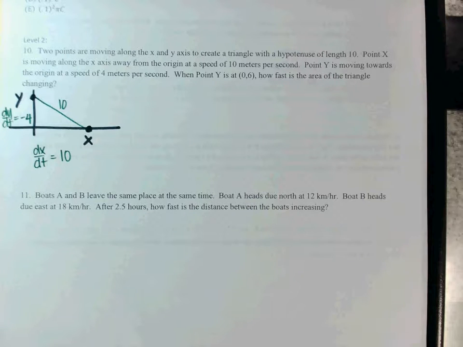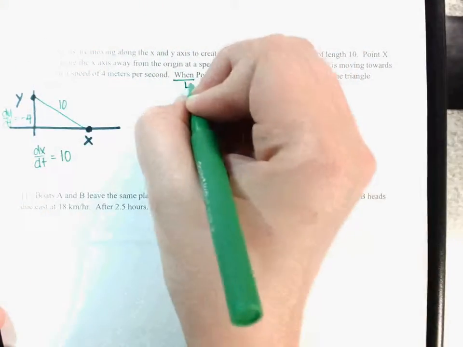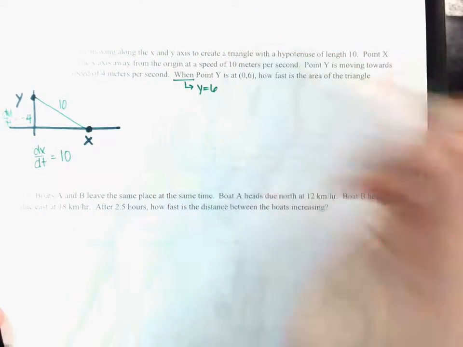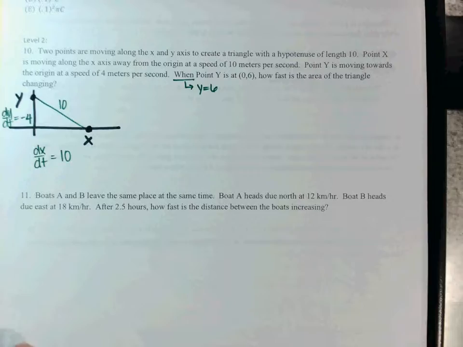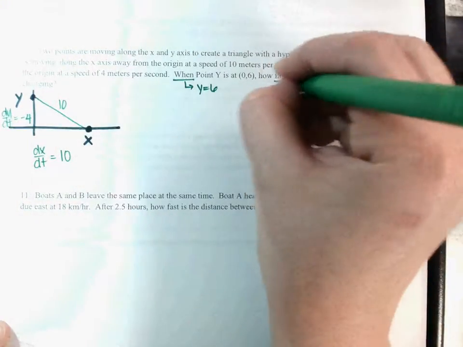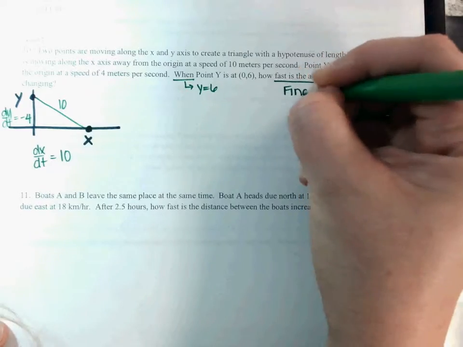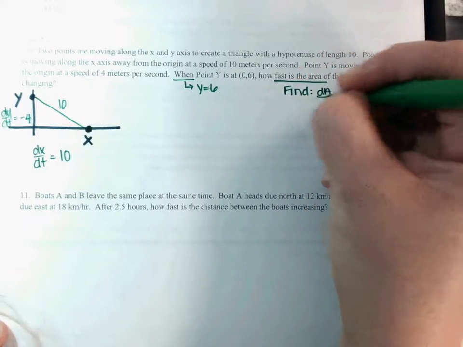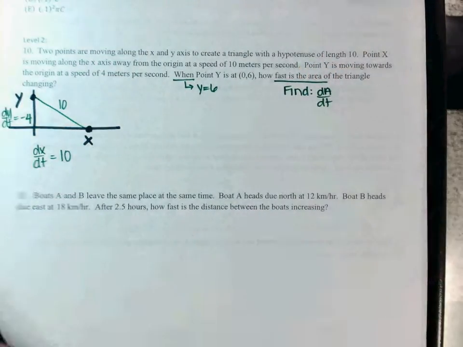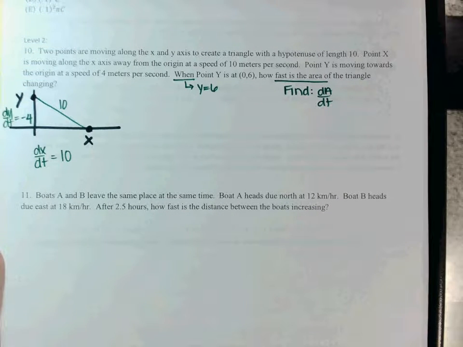Both of those would be given, correct. Then it says when point y is at 6, so my when is when y is 6. It says how fast is the area of the triangle changing? So I'm finding dA dt.